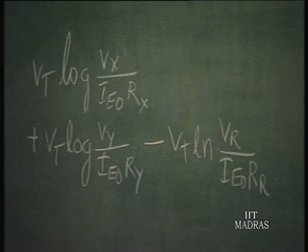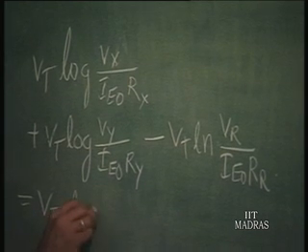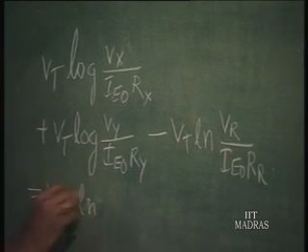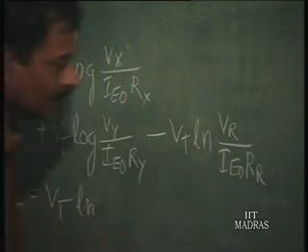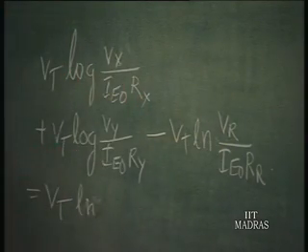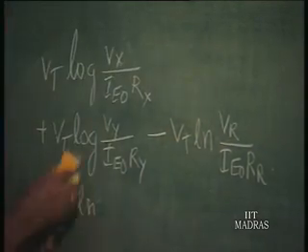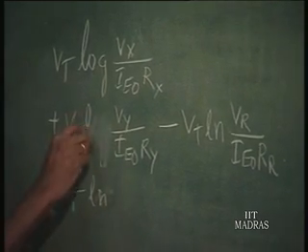So, now you see what happens. This whole expression is a log conversion where Vt log, actually speaking, is natural log. We have been maintaining it as log or ln, so we will put it as ln everywhere.